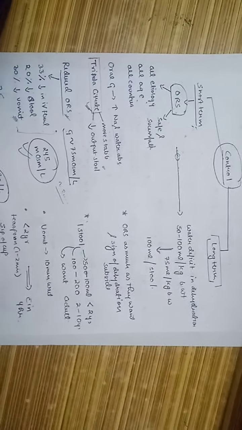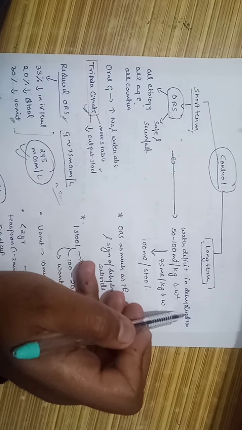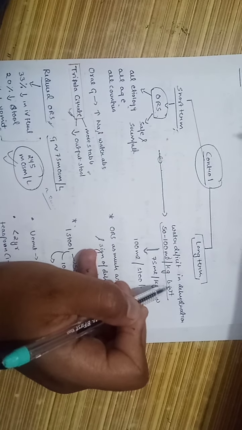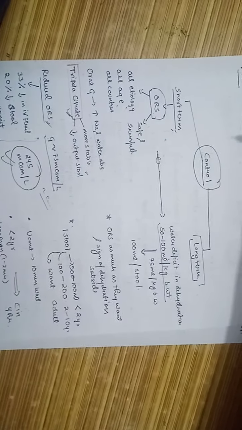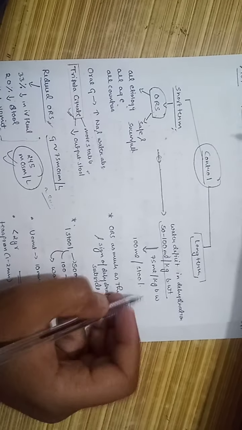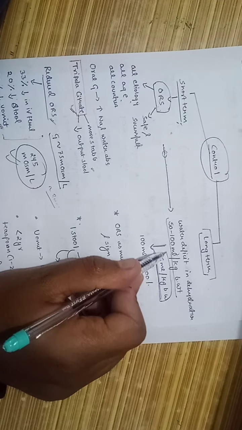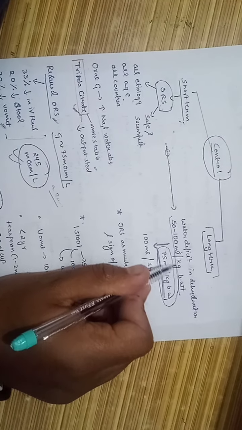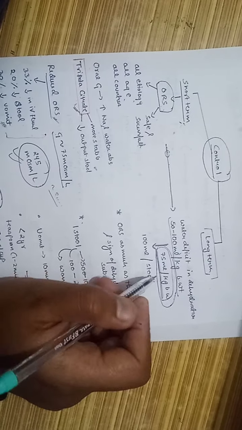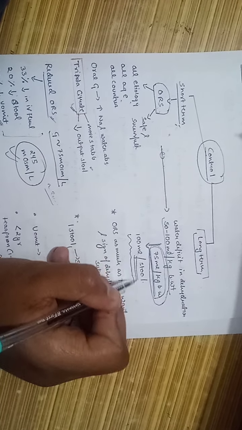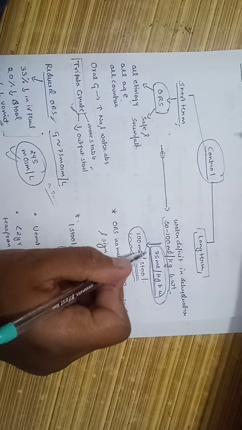After watching all these signs, the water deficit in dehydration is about 50 to 100 milliliter per kg of body weight. To correct this, we give ORS at a rate of 75 ml per kg of body weight. And for every episode of stool, we add 100 ml of ORS solution.